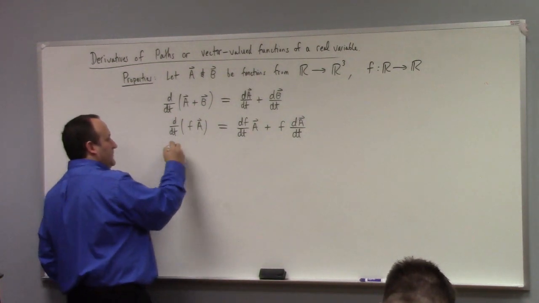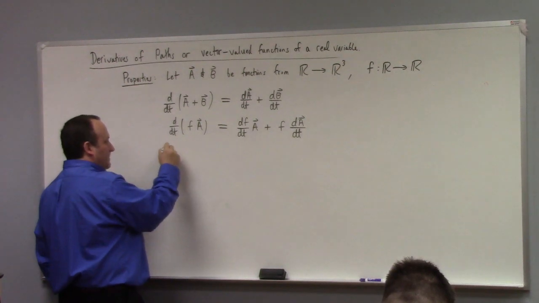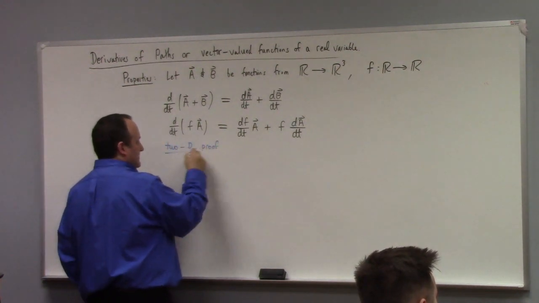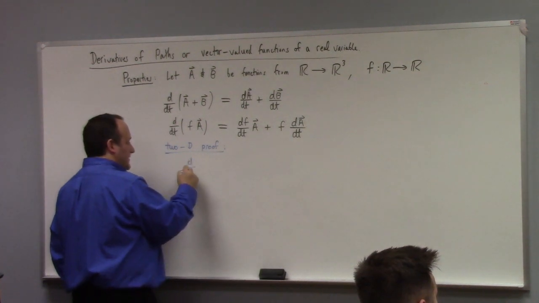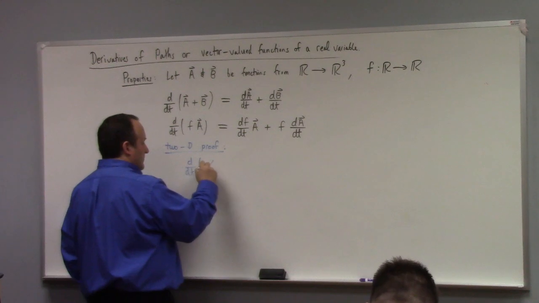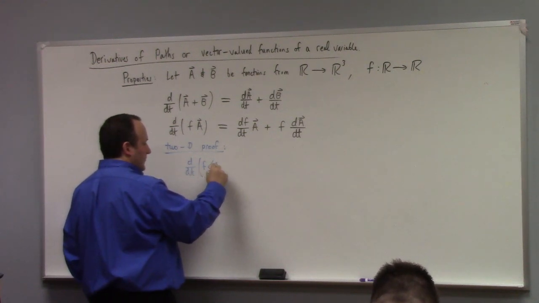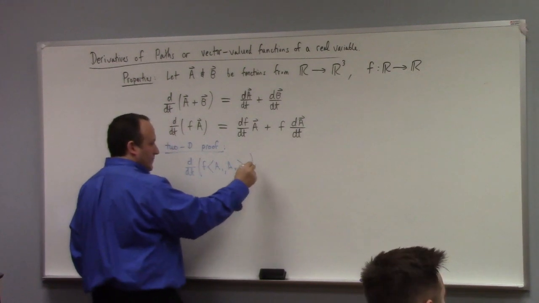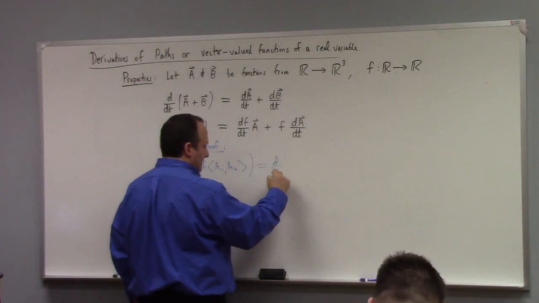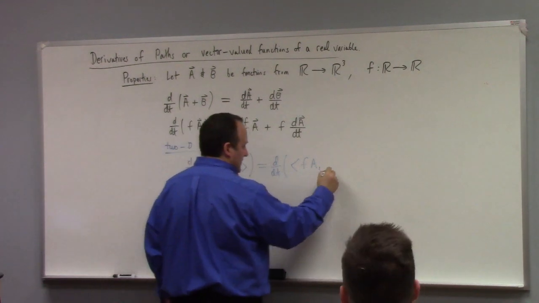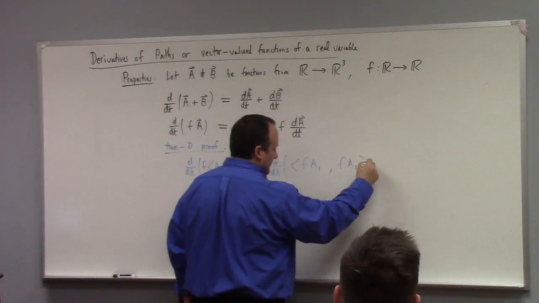I'll give you a two-dimensional proof. d/dt of fA. What's fA? Well, that's f times (a1, a2). Scalar multiplication says that's (f a1, f a2), the component functions.